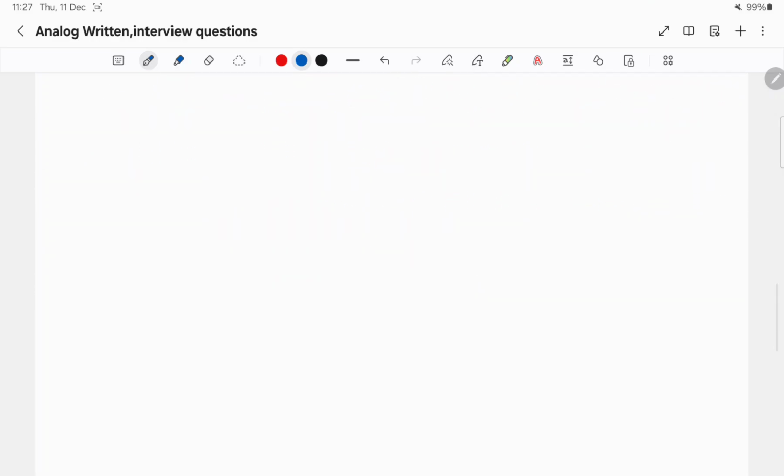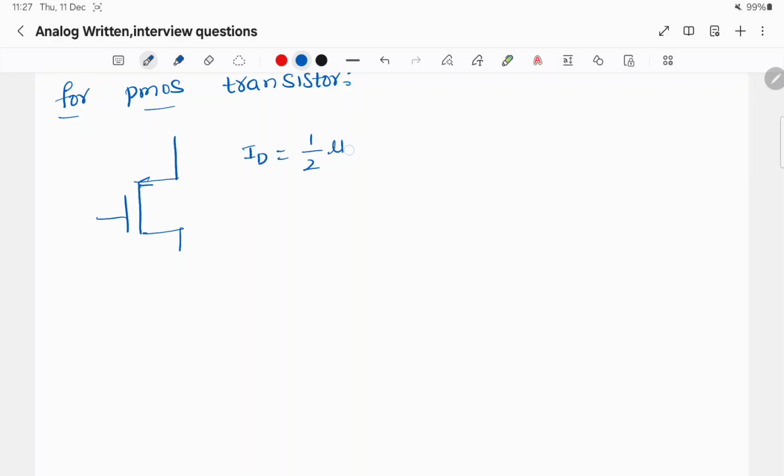So similarly for PMOS transistor, ID is given by half mu p Cox W by L into (VSG minus mod VTP) whole square.